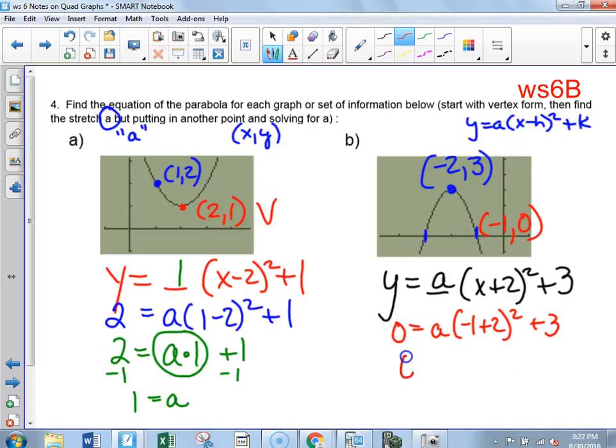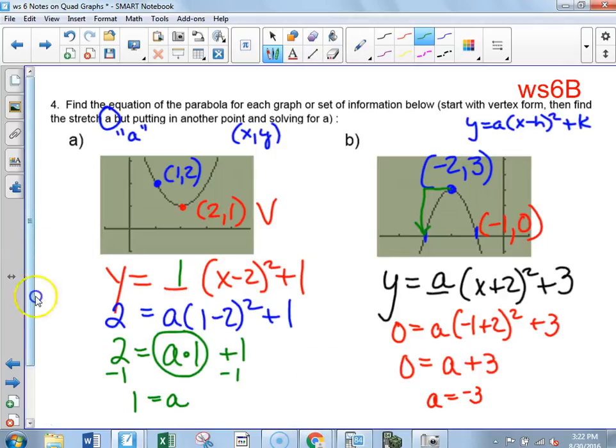Yep, perfect. Negative 2 plus 1 is 1. Squared is 1, so we still have a. Does it make sense? Do you remember what we did yesterday? How we said we went over 1 and multiplied by the stretch, so it went down 3. Does that work from the vertex?